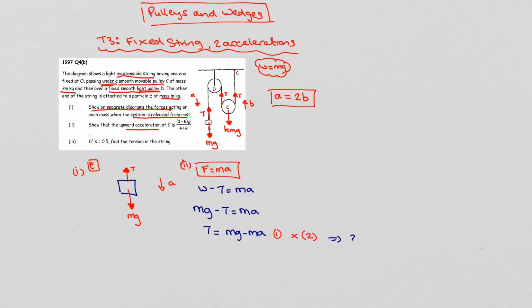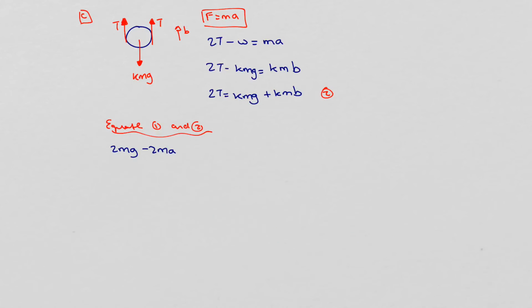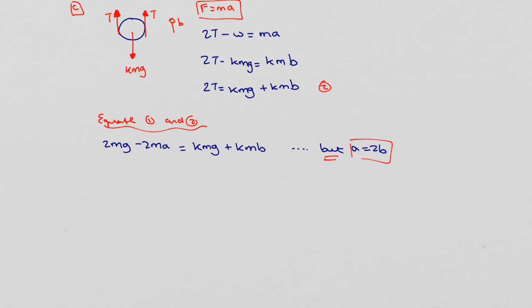So that would become 2mg minus 2ma, and that's 2T. And that will equal kmg plus kmb. But I'm going to say, but a is equal to 2b. Therefore, I have 2mg minus 2m times a, which is 2b, and that's equal to kmg plus kmb.